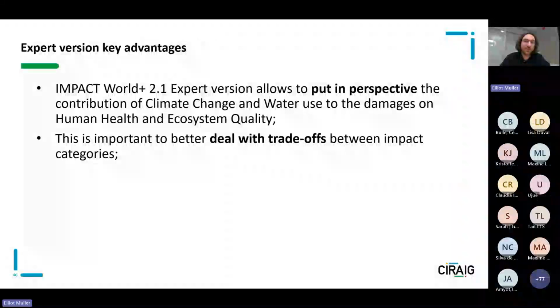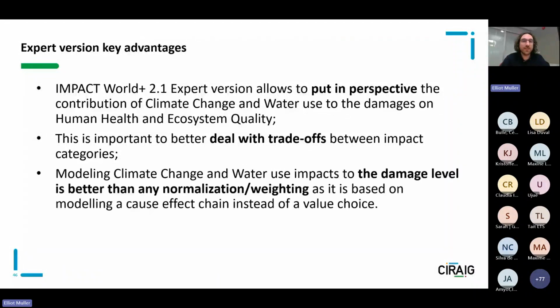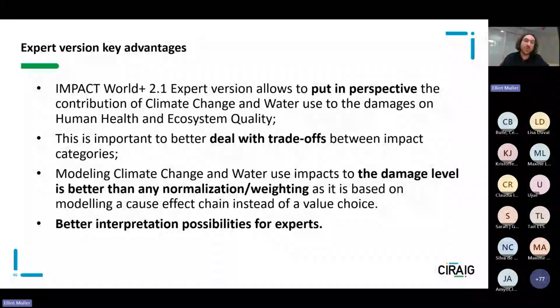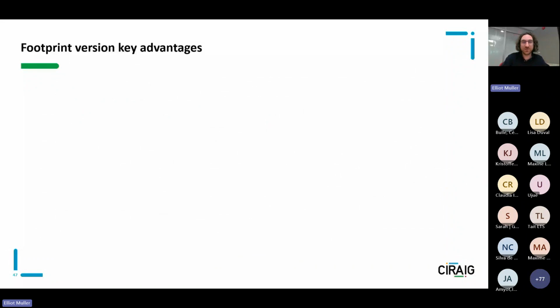So that is very important to better deal with trade-offs, of course. We also consider that it is better to use this way of aggregating damages, because it's based on modeling a cause-effect chain instead of quite subjective value choice. So that allows experts to have better interpretation possibilities for their LCA results.